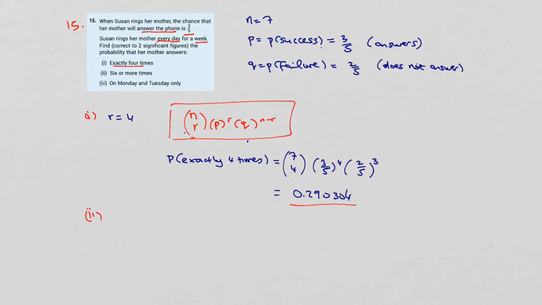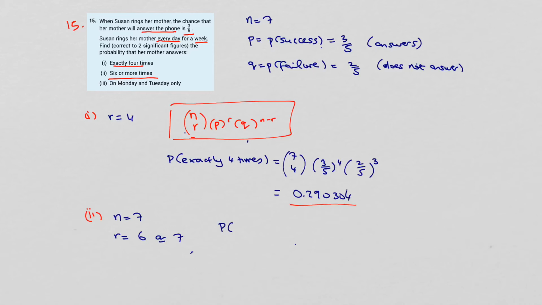The next one then is exactly 6 or more times, okay? So now we only have n trials is 7. So the probability for 6 or more means that the number of successes can only be 6 or 7. And we know when we're doing or that means we're going to add.